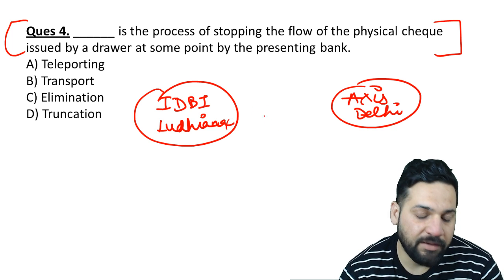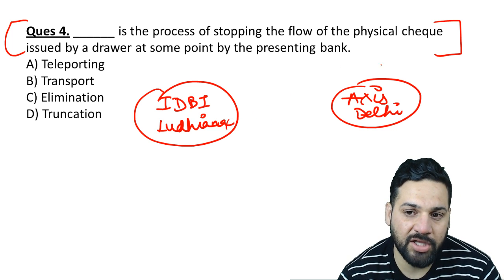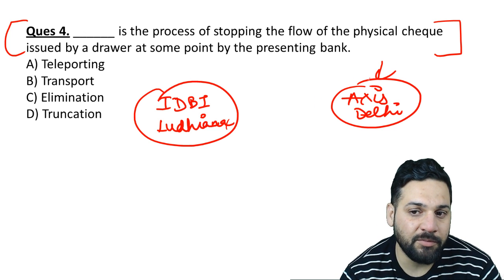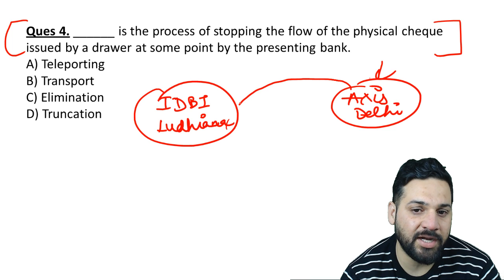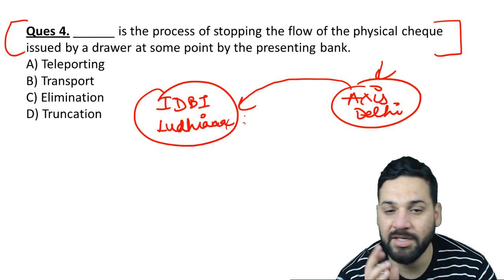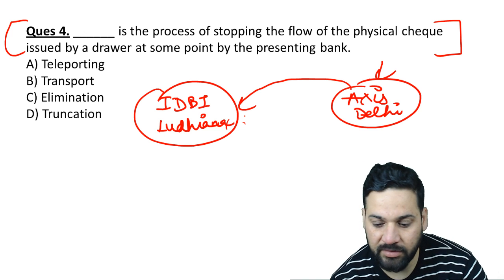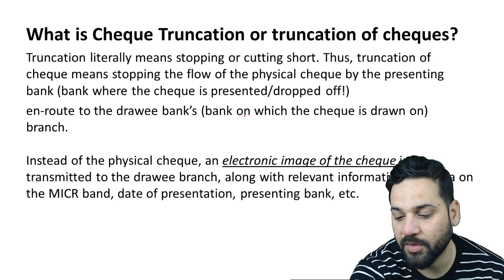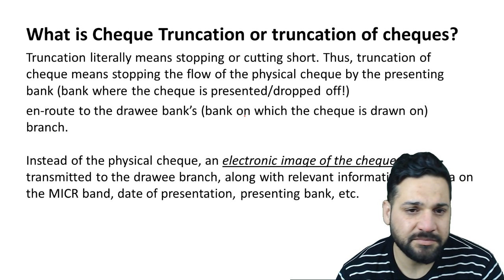Now you are presenting your check at Axis Bank Delhi. It'll take a lot of time to send this physical check to IDBI Ludhiana and then for them to release the money. It'll take a long process. That's why there is the check truncation system. CTS is there. What is CTS?